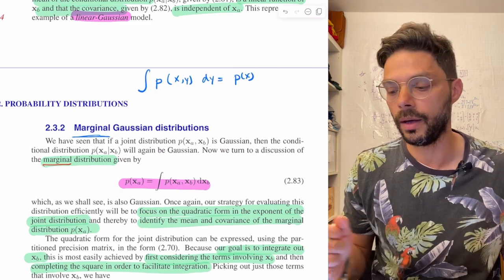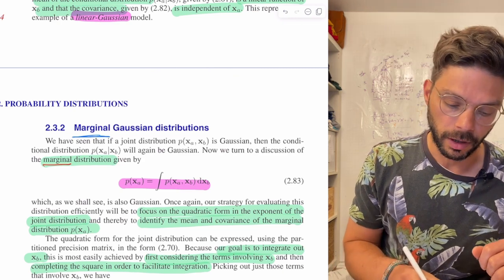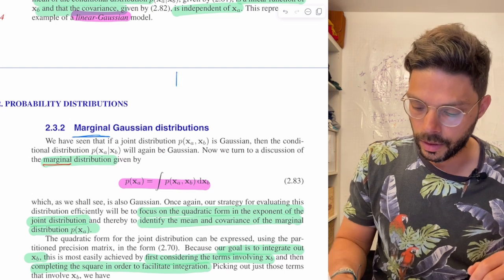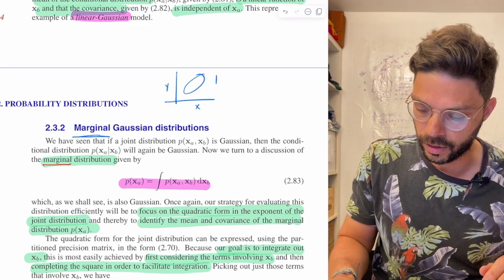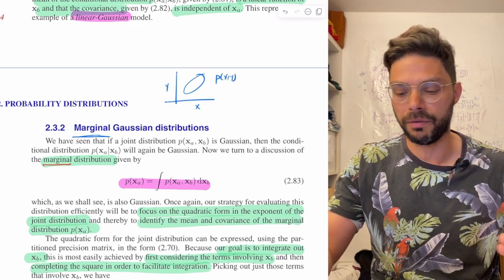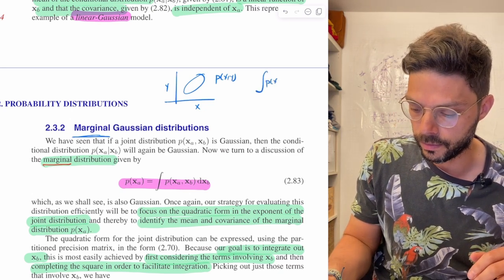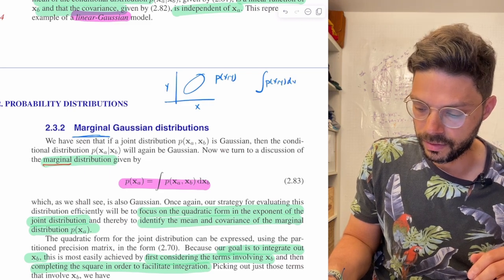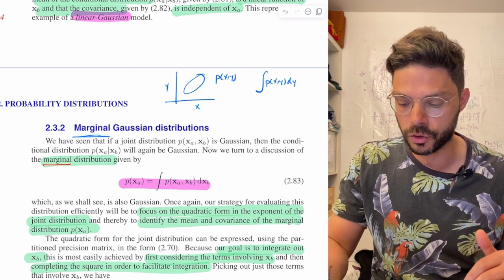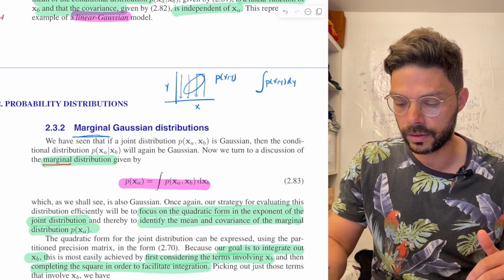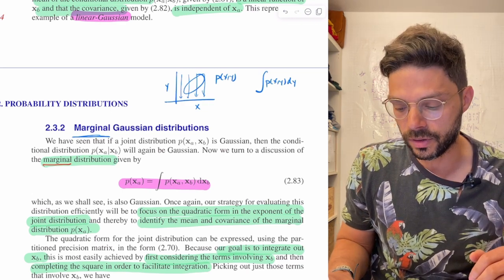And you could do the same thing and get a distribution over y. As we talked about before, the reason we call it the marginal distribution is, let's say this is x, this is y, and this is p of xy. Now if you integrate, that integration over y is the same as summing up the probability of this joint distribution across this grid and looking at the distribution that shows up on the margin.